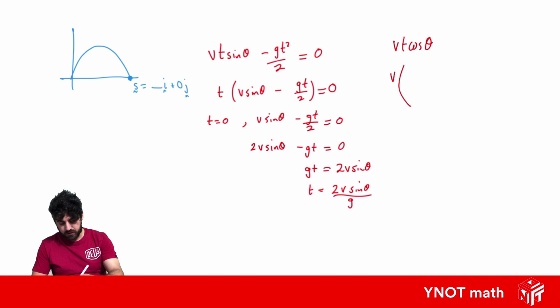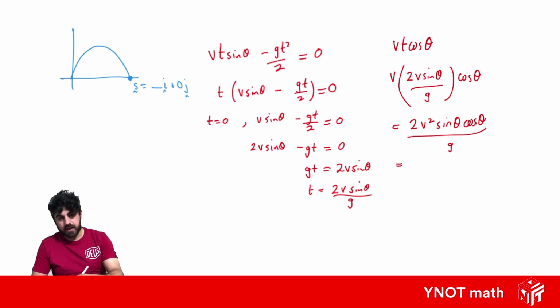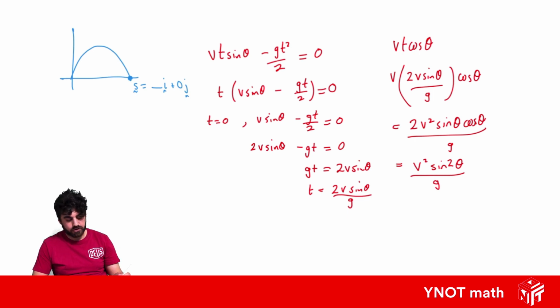We know the time is 2v sine theta over g, so we multiply that by cos theta. That gives us 2v squared sine theta cos theta all over g. And 2 sine theta cos theta equals sine of 2 theta. So we get a final range of v squared multiplied by sine 2 theta on g.